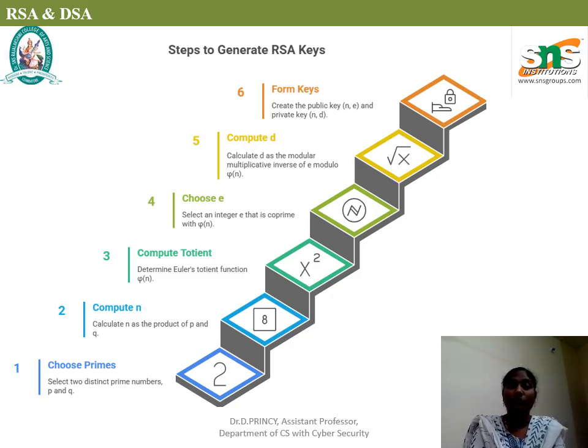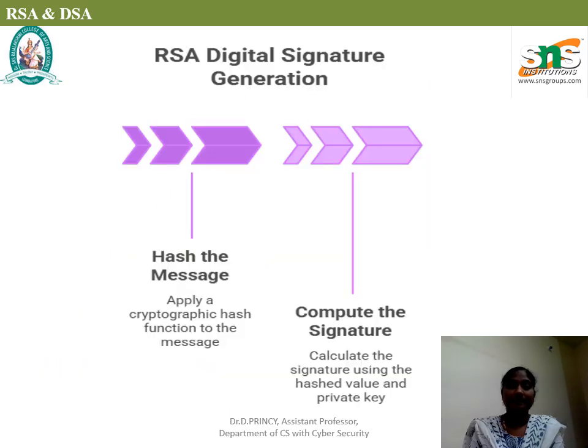Next, we have to compute D. D is nothing but the modular multiplicative inverse of E modulo totient n. The final step is forming keys. By the previous computation, we generate the public key (n, E) and the private key (n, D). So E is the public key and D is the private key.